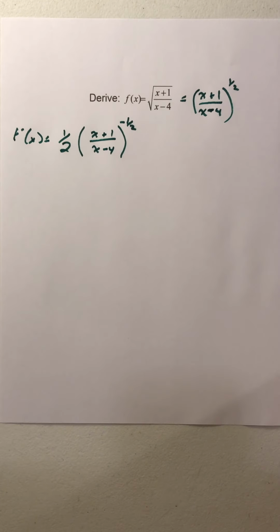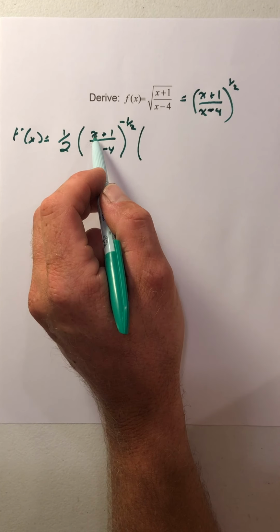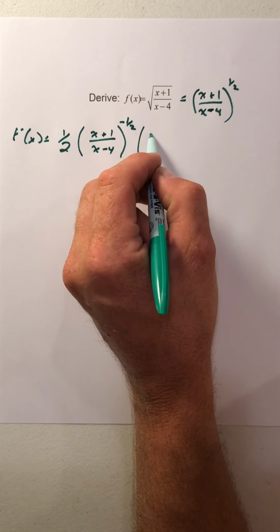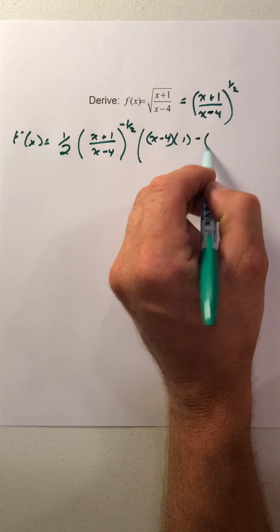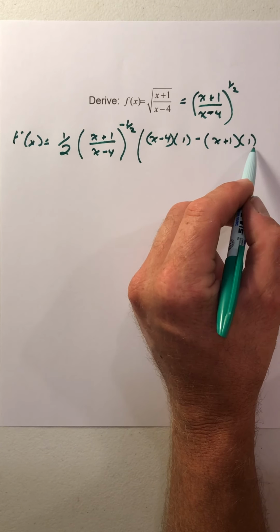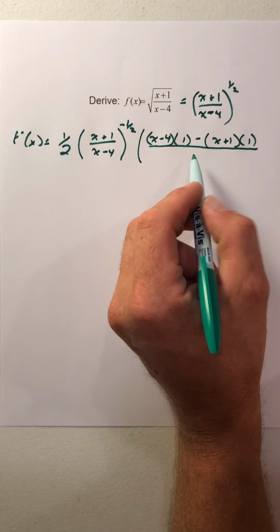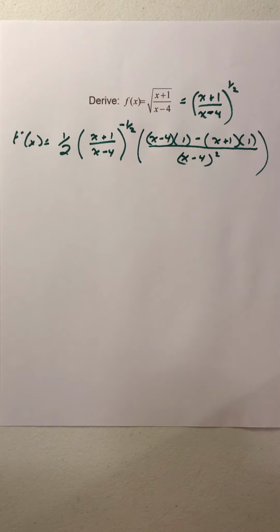We do get some negative exponents. We can deal with those. And then derivative of the rational here. We have quotient rule. We have low, x minus 4 times 1 minus x plus 1 times the derivative of the bottom, which is 1, over the denominator squared.